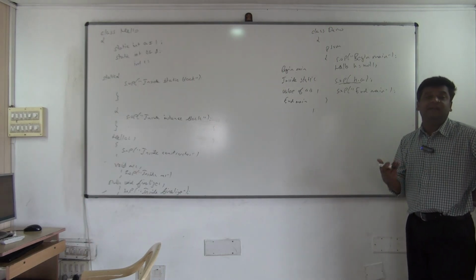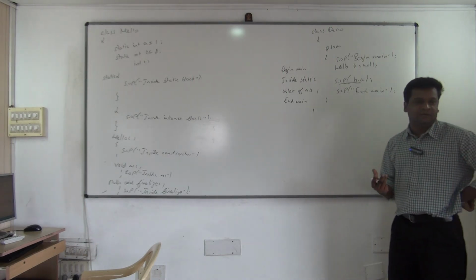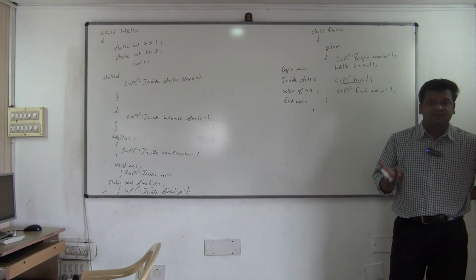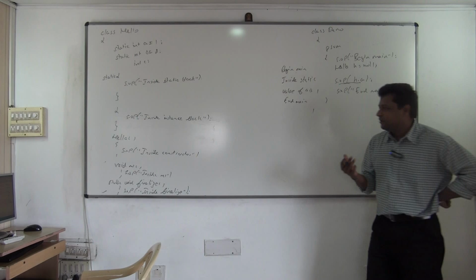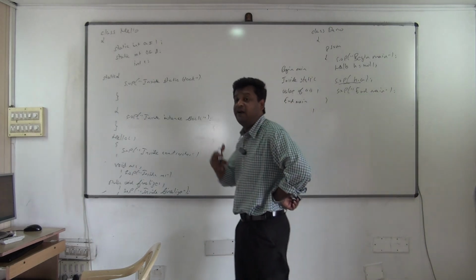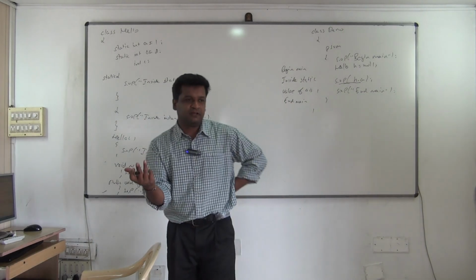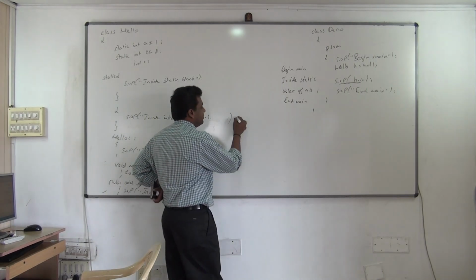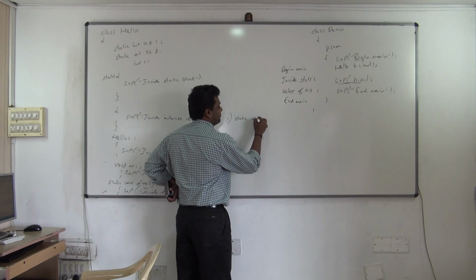So what exactly is happening during class loading time now? If you ask me that question: generally when a class is loaded into the JVM, there are a few things which happen. Elaborately I'll tell next session. Just we'll make a few points now. When a class is loaded into the JVM, first what happens? Static variables are declared and initialized.